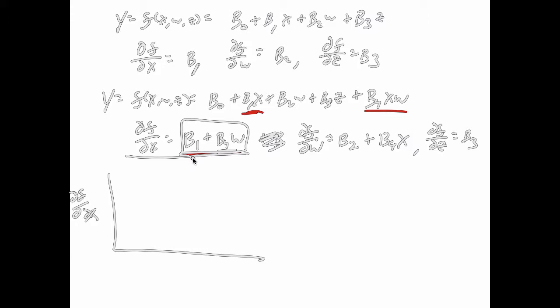So we can graph this thing. At w equal to 0, we have say beta 1. But as we change w, then we change the marginal effect of x on y. If beta 4 is positive, we might get, for instance, this. And if we do some error bars around this thing, we might end up with something like this.